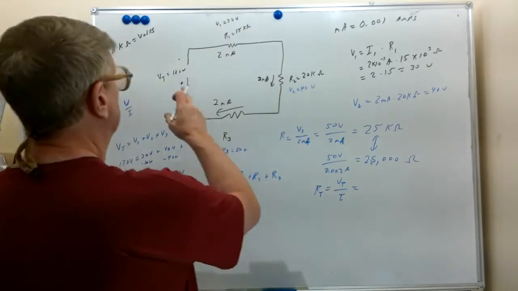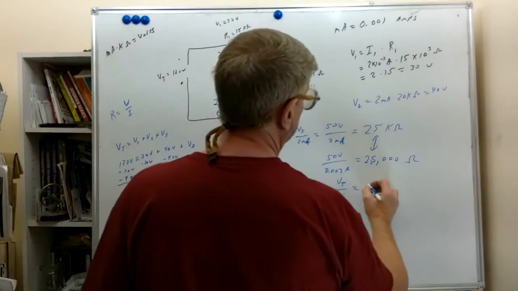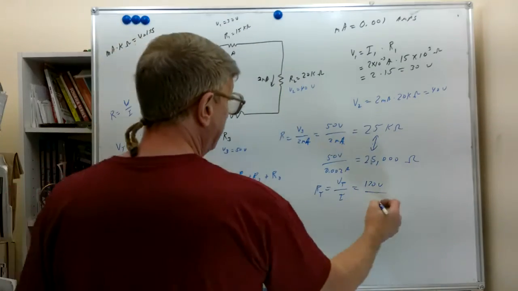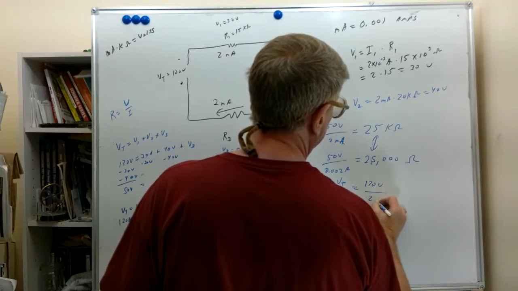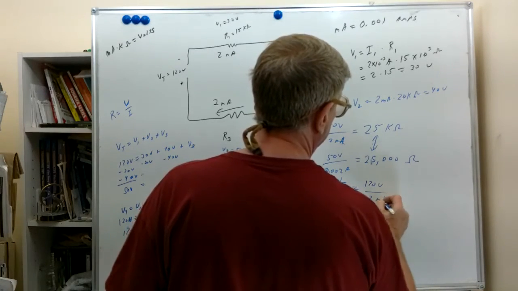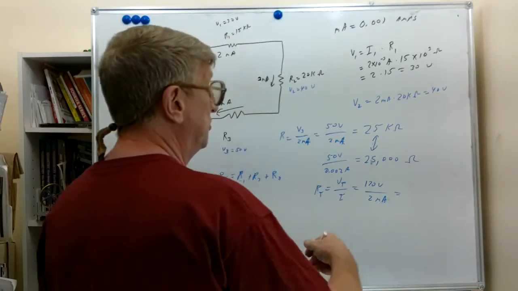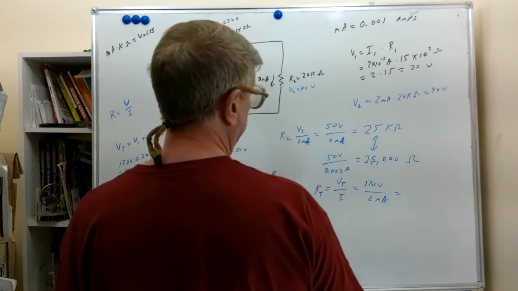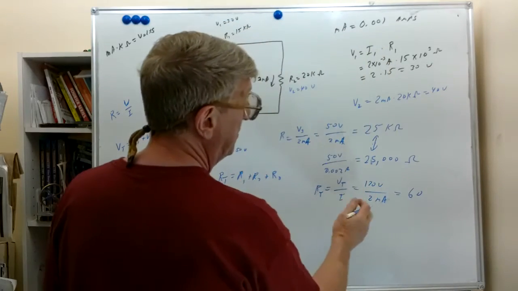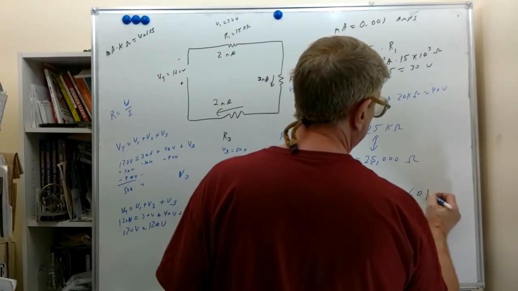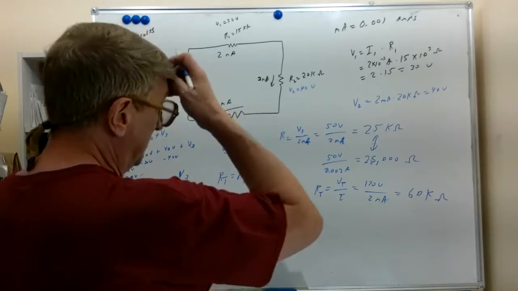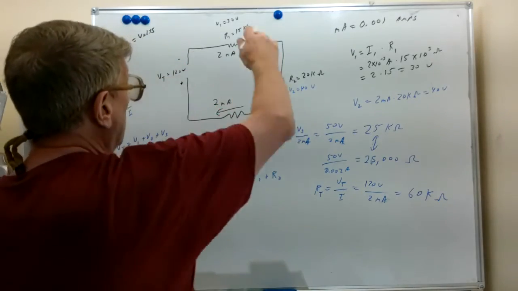Our voltage total, 120 volts, and we're going to divide that by the 2 milliamps, which should be 60 K ohms. Voltage divided by milliamps gives us K ohms. And that's the total.